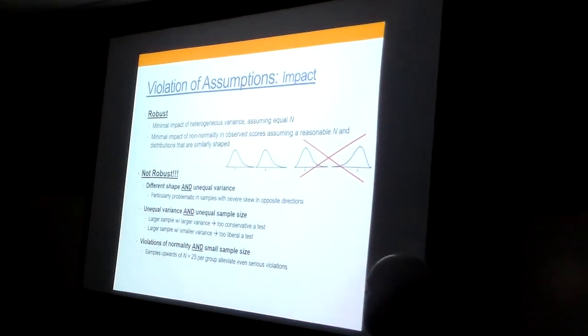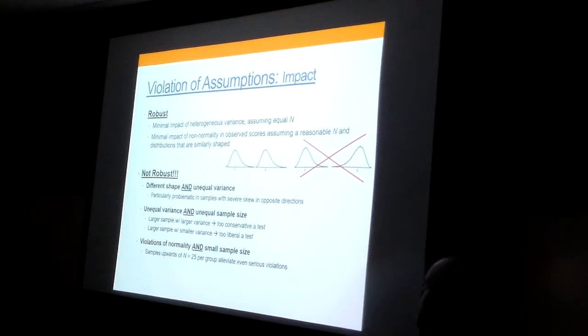Situations where we're not robust: different shape and unequal variance, right? If we've got skewed distributions, or a normal distribution and a really skewed distribution, and our variances are also unequal, particularly if our distributions are skewed in opposite directions, we've got problems, okay? So we've taken one violation and added another to it, and now we've got some difficulties.